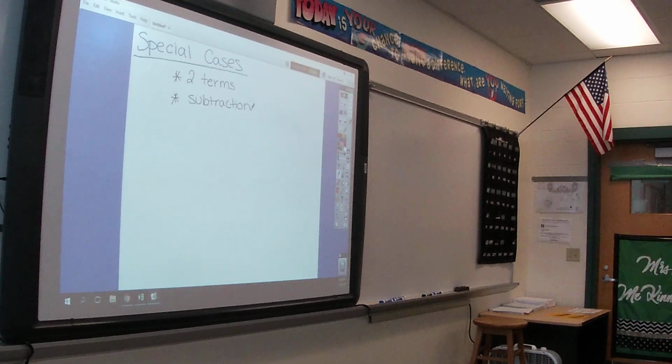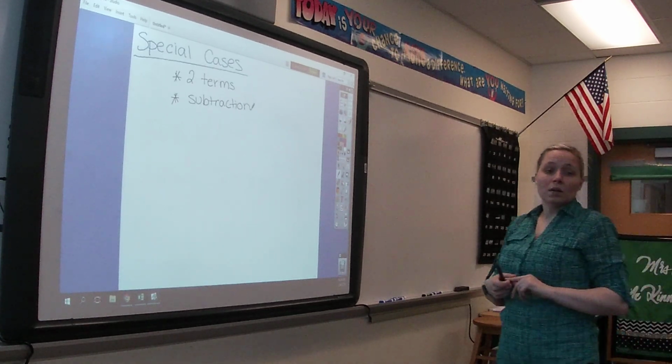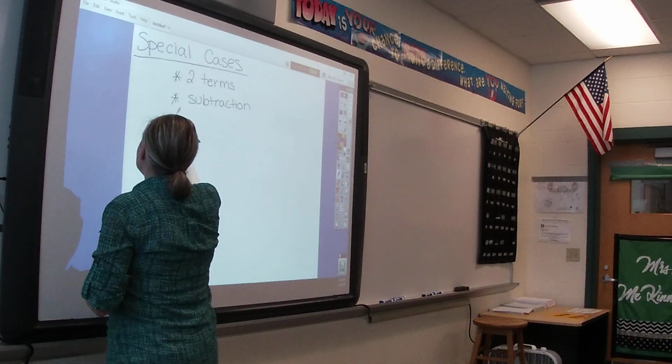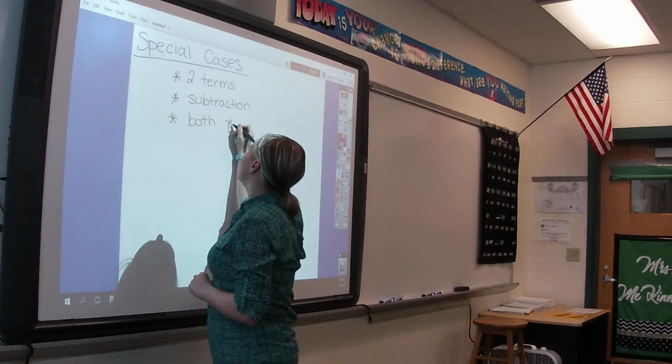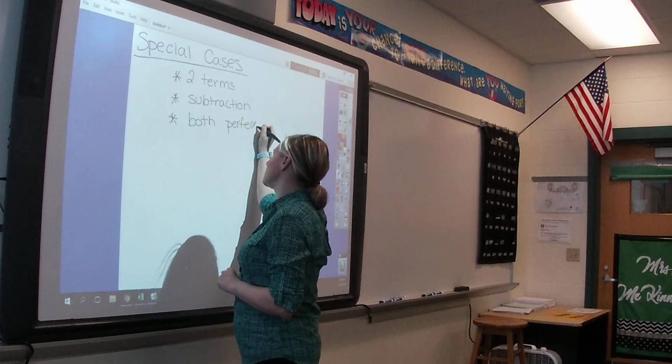It's going to be subtraction. And the 2 terms are both going to be what we call perfect squares.